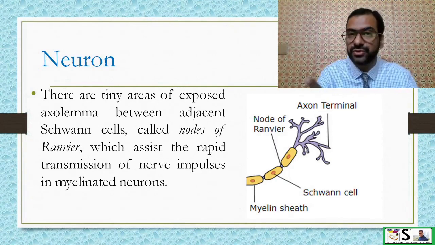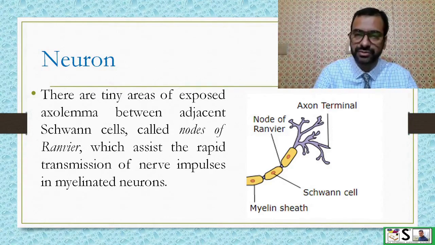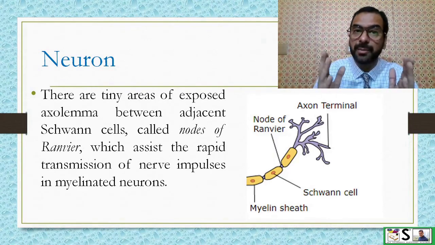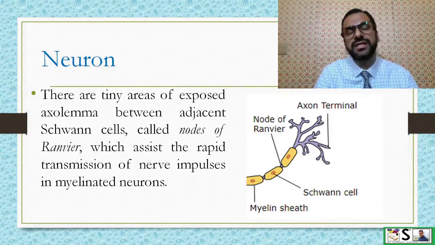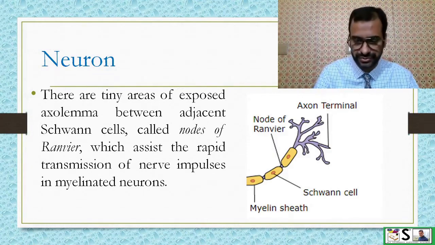Myelinated and non-myelinated neurons are found all over the nervous system. Neurons whose axons contain myelin are known as myelinated neurons, and those which do not contain the myelin sheath are known as non-myelinated neurons.